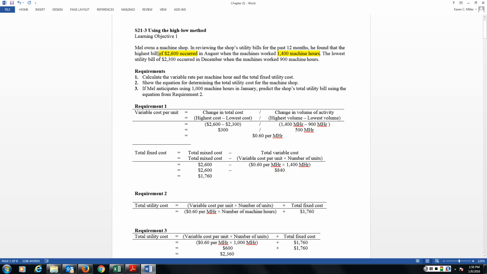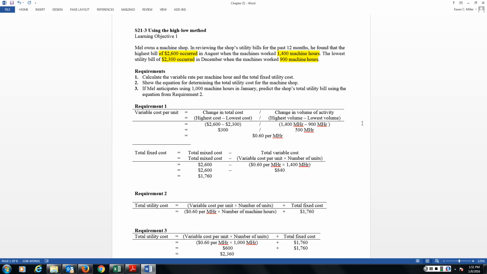Okay, so now we have the highest cost of utilities during August. We have the lowest bill that we paid for utilities in December, and our machines only ran 900 hours during the lowest month. So in order to calculate the variable cost formula and the fixed cost tied to these utility costs, we need some type of relevant range over which these costs are occurring.